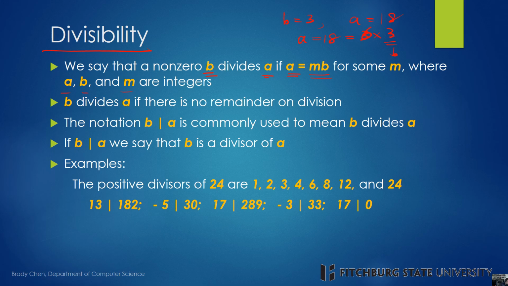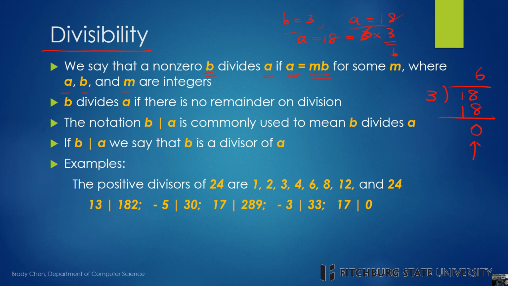Or in other words, we can verify this by doing the division. We do 18 divided by 3, A divided by B. Then we can put a quotient 6. We get the result 18, and 18 minus 18 is 0.